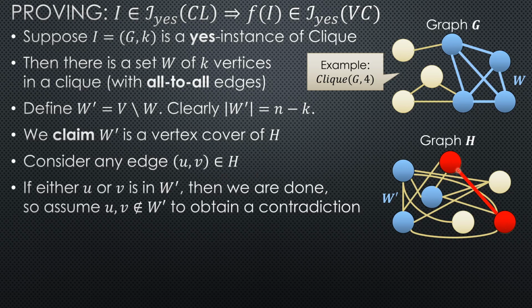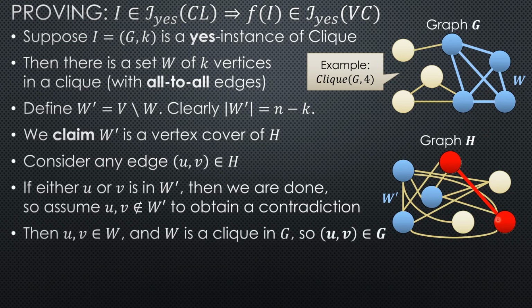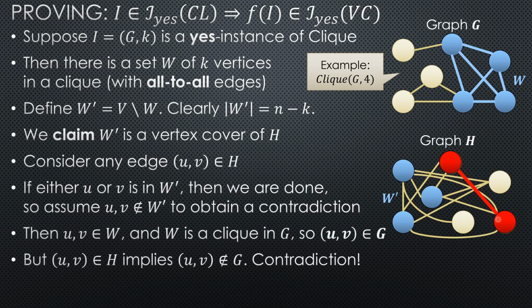But then, if we consider the original graph, this edge won't be in the original graph. But this is a clique, so this edge has to be in the original graph. So this edge cannot be both in G and in H. So that's a contradiction. So this implies that such an edge can't exist, which means every edge has to be incident to some vertex in W prime, which means W prime is a vertex cover of H.